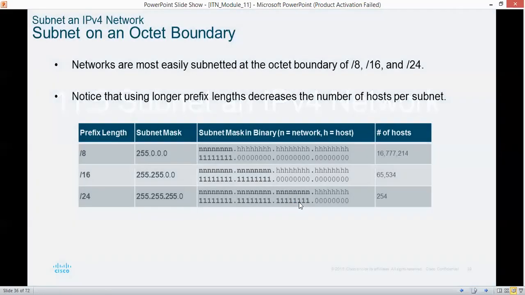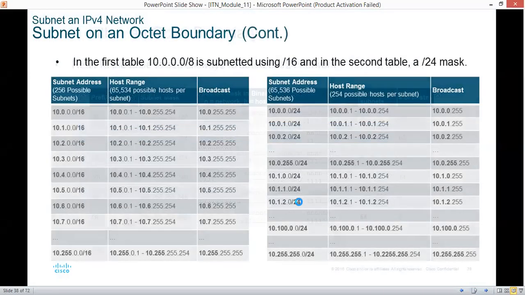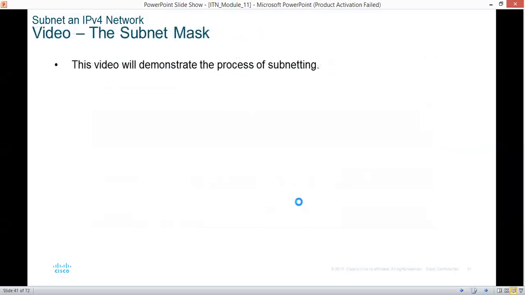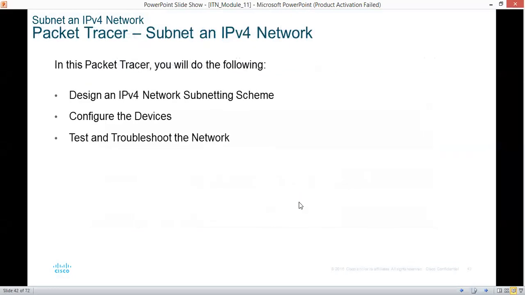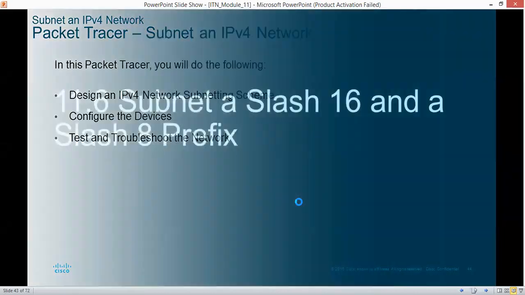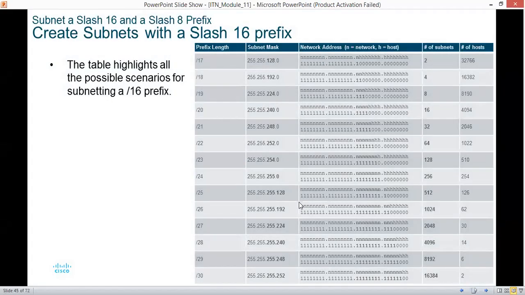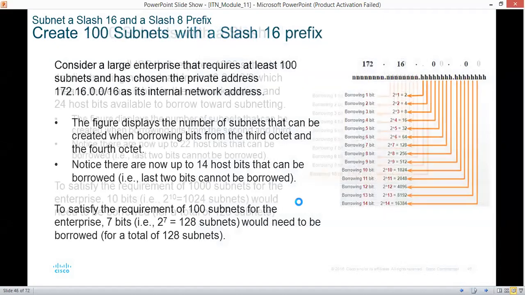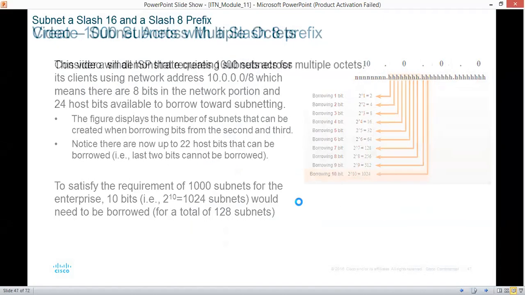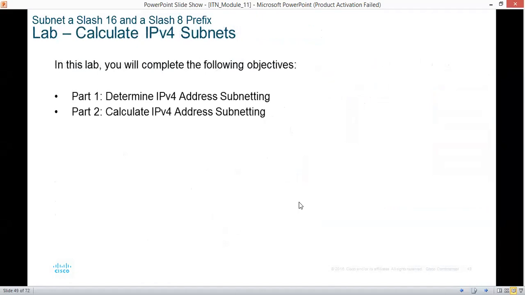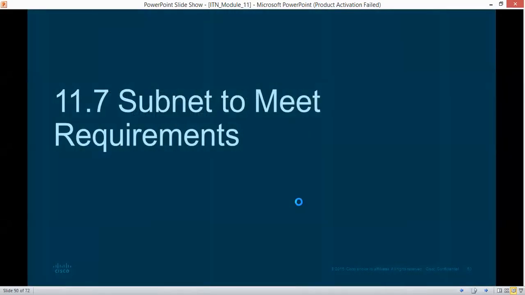If you have a particular topology where maybe all of them are /24, that is fixed length, and we call them a classful network. A classful network is a network where all the subnet masks or subnet lengths are the same.